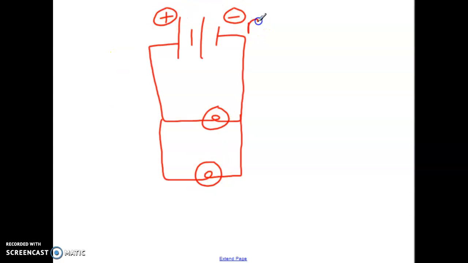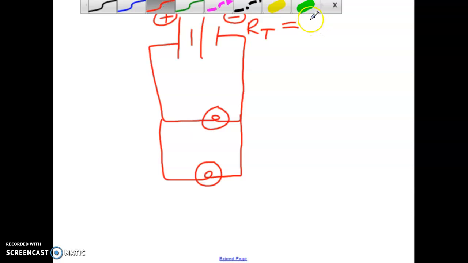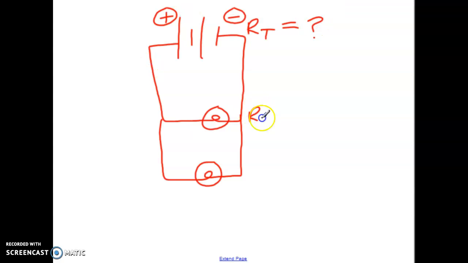Okay, so let's say the R total was 1 ohm. Actually, no, we're going to do the opposite. We're going to solve for this. So R1, let's say, is 10 ohms, and R2 is 15 ohms. We want to solve for RT.